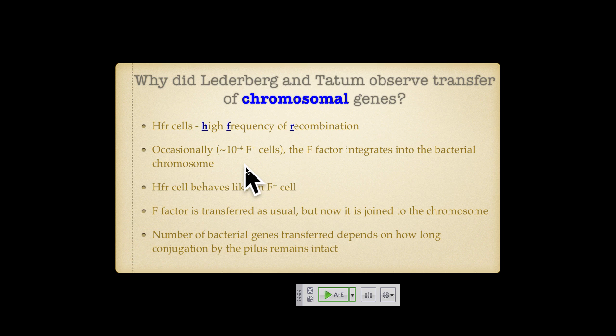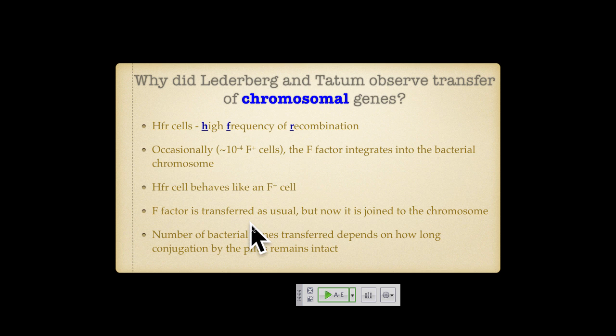When the F factor is separate by itself, that's an F plus cell, and then it can make an F minus cell an F plus. Or that F factor can integrate into the main chromosome, and when it's part of the main chromosome and replicates with the main chromosome, we call it an HFR, for high frequency of recombination.